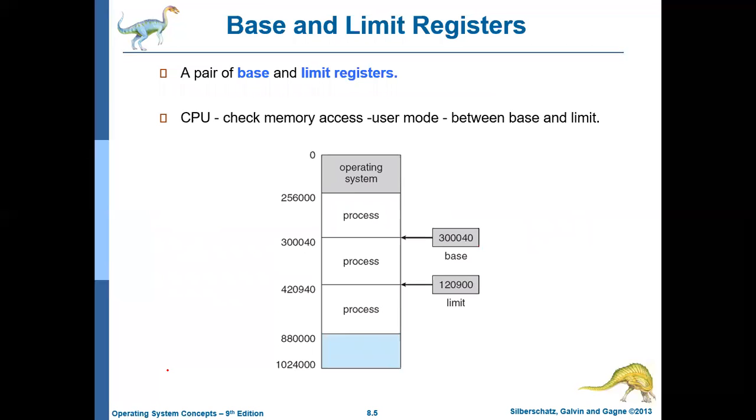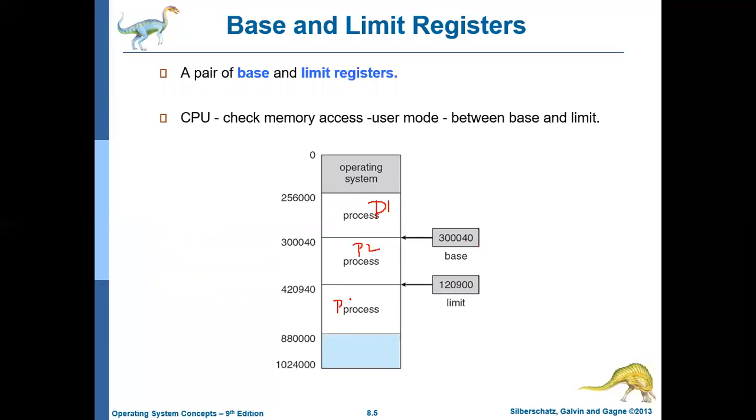So we are not only concerned with the relative speed of accessing the memory, but we must also ensure correct operation. We should ensure that the user program, especially when the process is in user mode, is not allowed to access beyond its location. So let us assume this is process 1, this is process 2, and this is process 3.